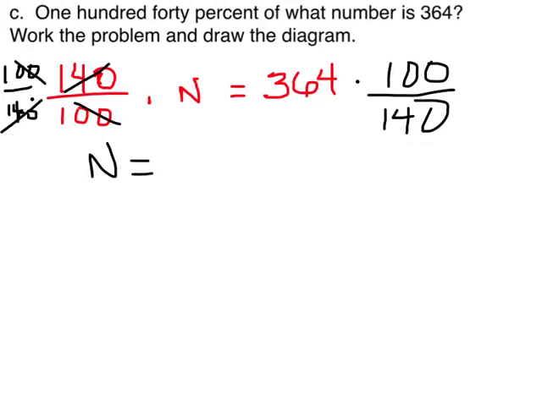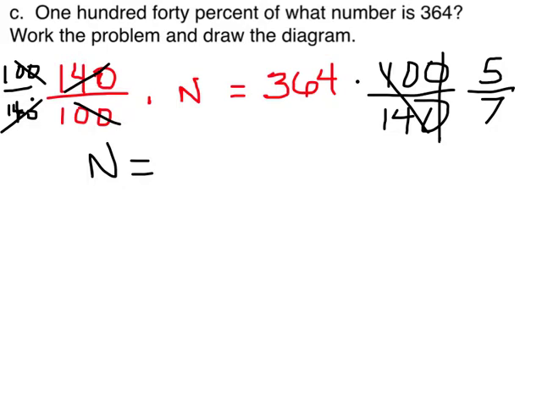N is equal to, let's see, and 10 over 14 could be reduced. If we did it by 2, it would be 5 over 7. So let's do 5 over 7. I hope you followed me there.